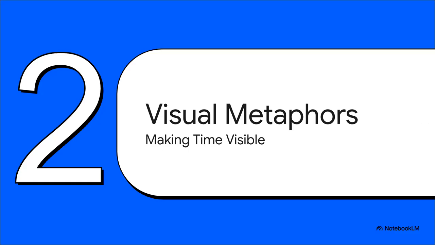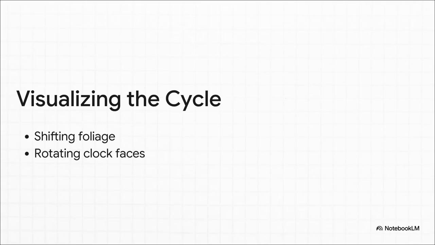Moving right along to part two, visual metaphors, making time visible. We can absolutely use powerful visual metaphors to make the invisible, visible. Just imagine animated trees shifting their foliage, going from those bright green summer leaves to falling winter snowflakes, and then pair that with a spinning clock face. Suddenly, you're not just talking about time, you are giving time a physical, relatable shape.